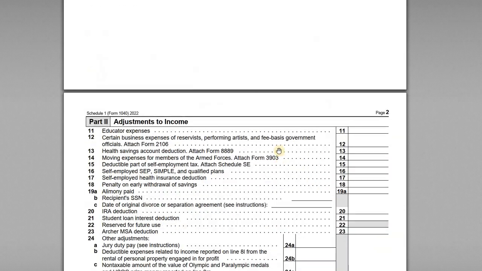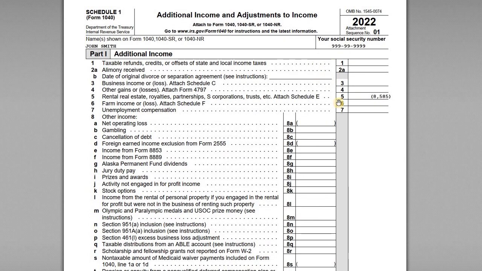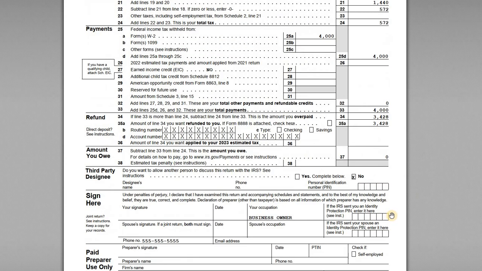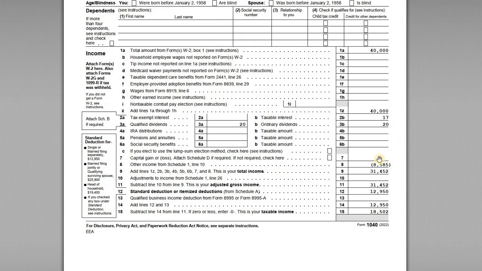If we look at Schedule 1 up here, the additional income and adjustments, line 5, we have our amounts flowing through from rental real estate, partnerships, or S Corps. There's the 8,585 in loss, because again, that's the basis limitation. And then ultimately that loss is carried forward to page 1. And so he does get to offset his wages and these income items up here with the 8,585 in losses.